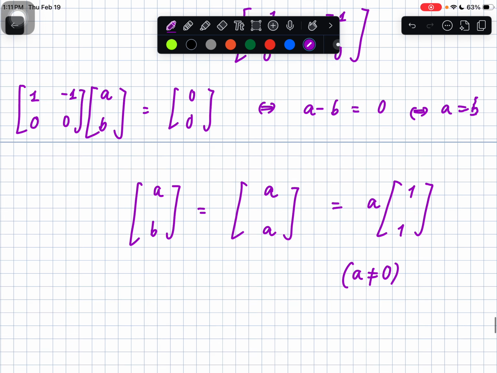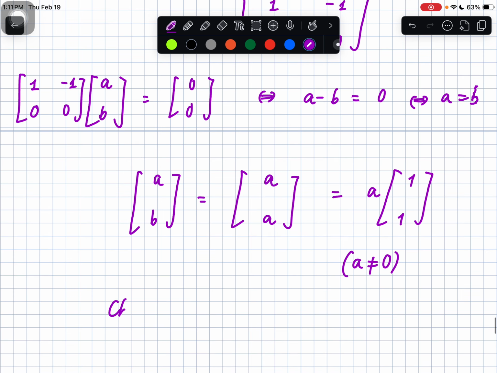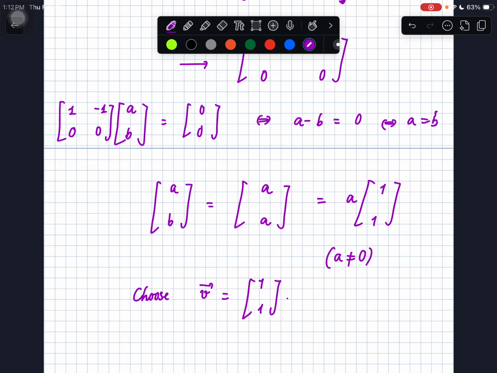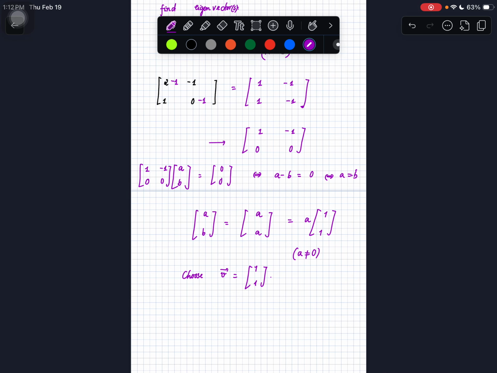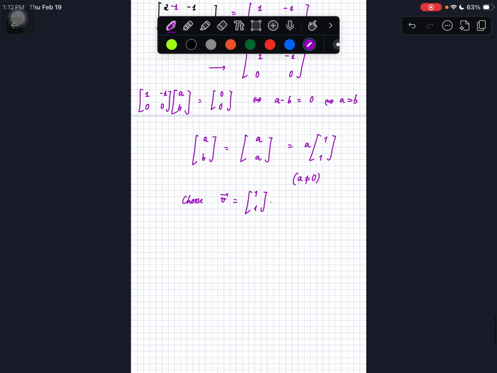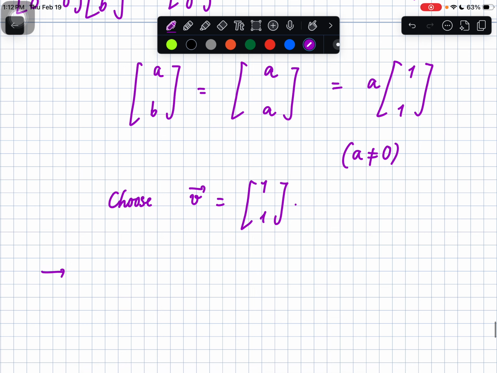So we choose v to be the vector (1, 1). We only have one linearly independent eigenvector. So in this case, you need to find the generalized eigenvectors.